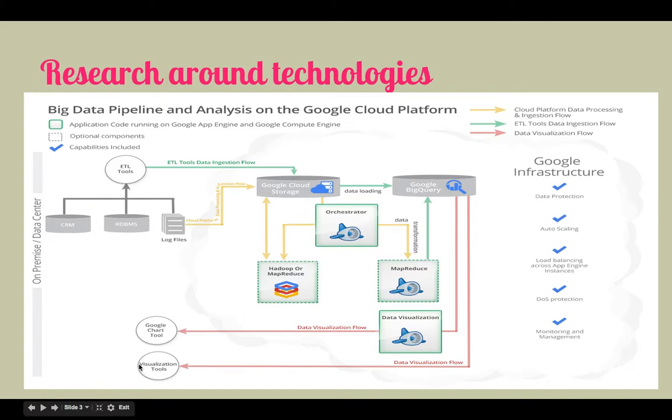Ours is a Google Motion Chart, which is supported by Google BigQuery. The results are stored in a temporary database, that's our database right here, and the visualization is shown here in the browser. So that's the idea of our project.